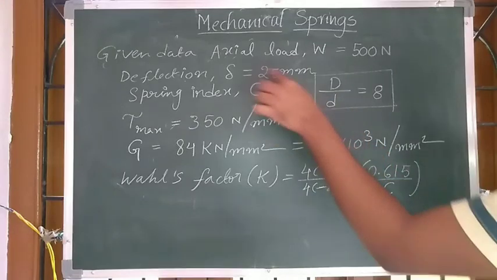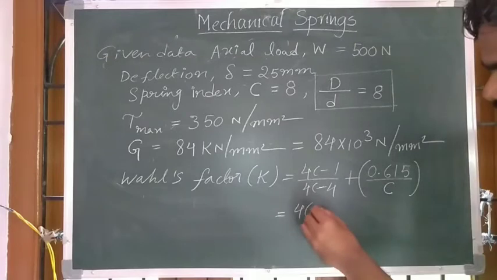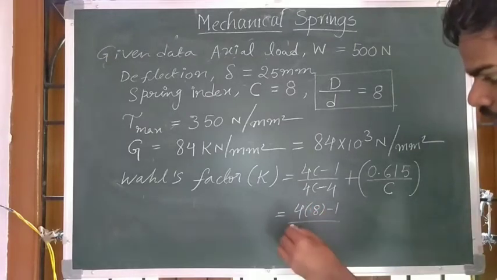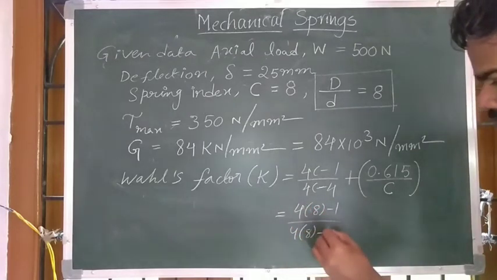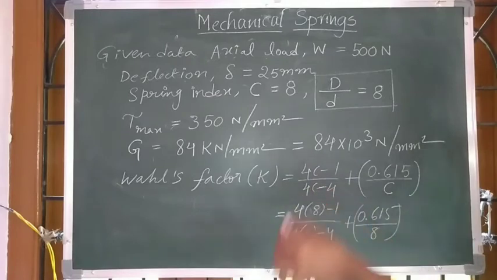C is equal to 8, the spring index. Then 4 into 8 minus 1 divided by 4 into 8 minus 4 plus 0.615 divided by 8.